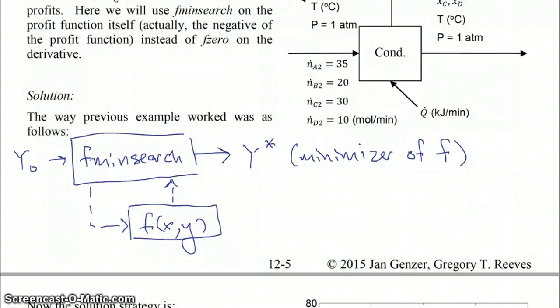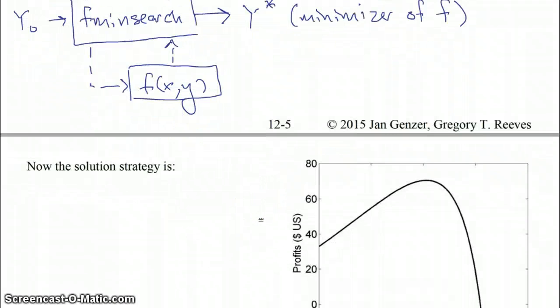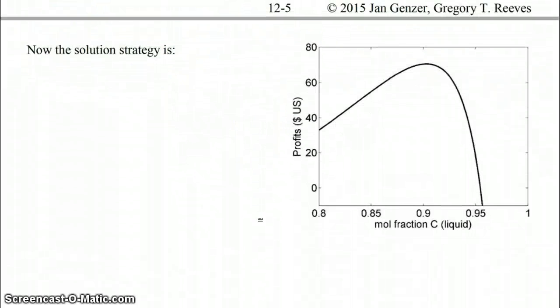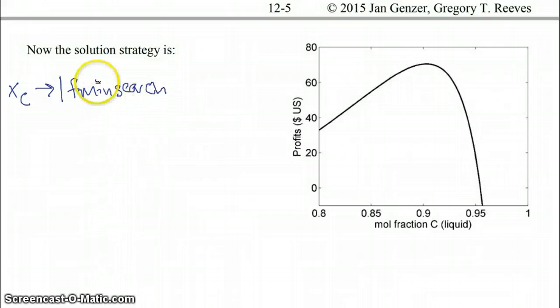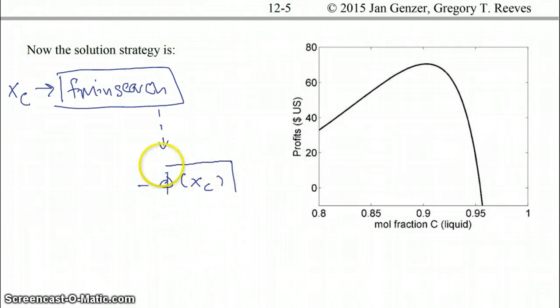But in this particular example now, our solution strategy will be the following. We're going to take in an initial guess for the purity of our product, xc. That initial guess is going to go into fminsearch, which will then call on some function, which is minus the profits function, as a function of xc.